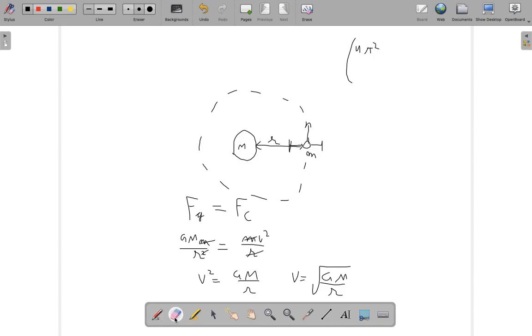Sorry, for velocity, not acceleration. For velocity, it's 2 pi times radius over time period, and equate this to root GM over r, as we found out from here.